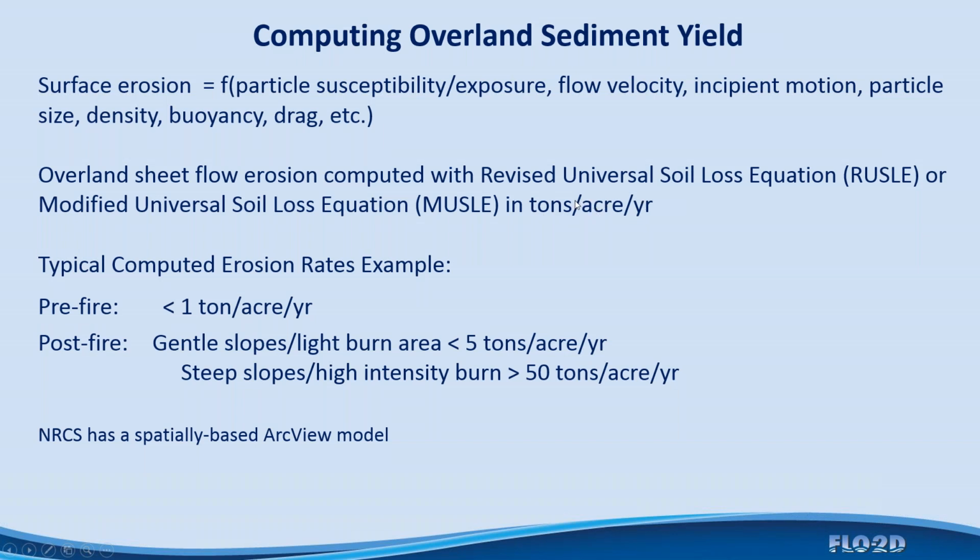You can convert this to something like kilograms per square kilometer per year, or whatever you wanted, if you wanted to use metric. Some typical erosion rates, when you do this, you might see something on the order of 1 or 2 tons of sediment per acre per year. Pre-fire, post-fire, you can get up to 5 tons per acre. If you have a high intensity burn on a very steep slope, you can even get 10 times that.